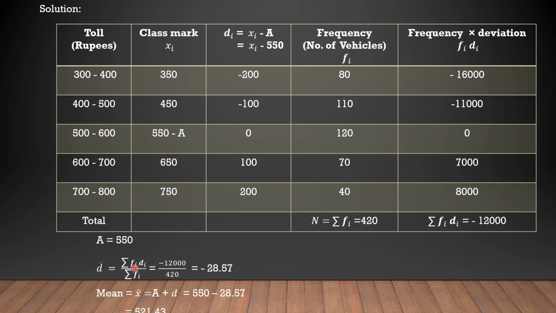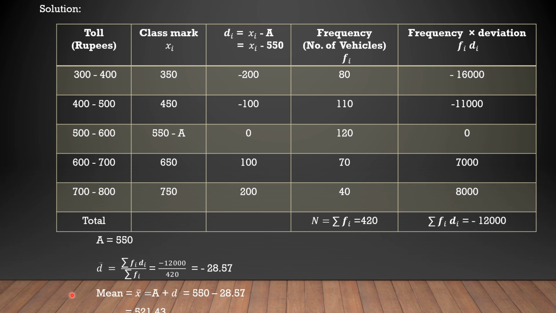So minus 12,000 by 420 is equal to minus 28.57. This is the value of D bar. Then we find the mean.